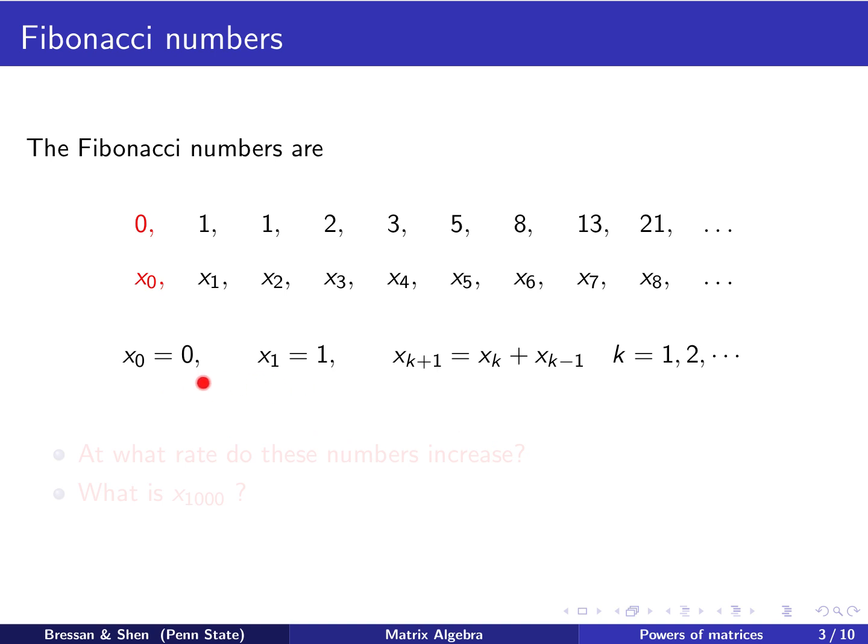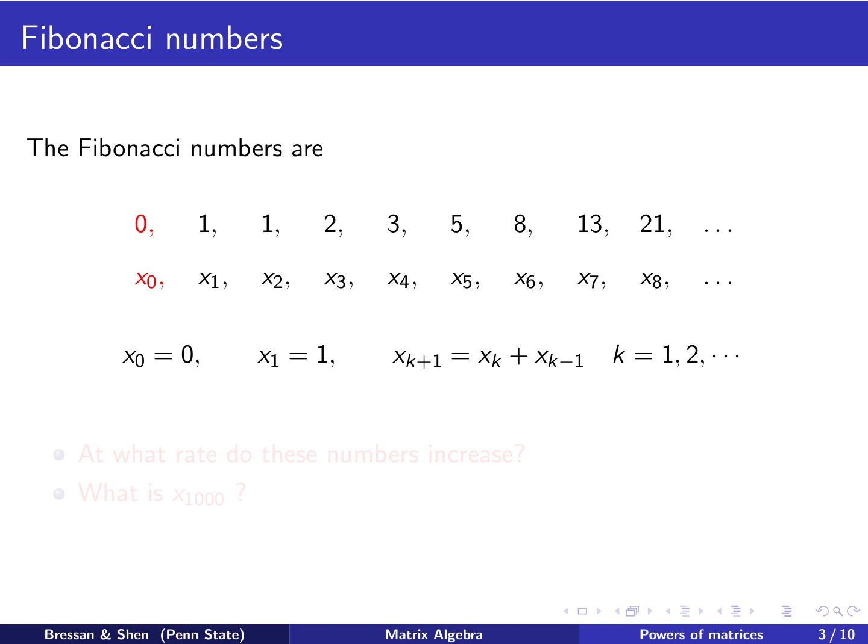These are the initial conditions that are given, and the rest of the numbers are generated following this relation: x at k plus 1 is the sum of xk and x at k minus 1. So the next number is the sum of the previous two, and that holds for all k going from 1 to 2, as long as you want.